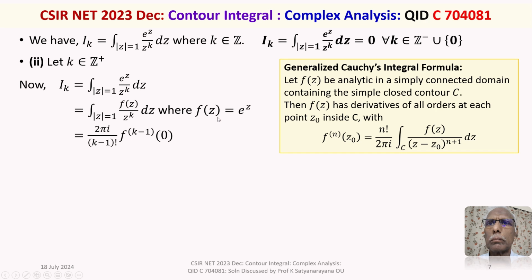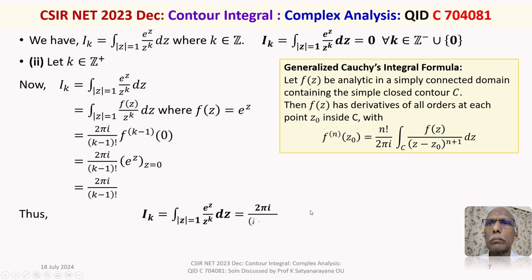If you differentiate any number of times, it will be e^z only. So the (k minus 1)th derivative of e^z is e^z only, evaluated at z equal to 0. That is e^0, that is 1. So Ik, when k belongs to Z plus, is 2 pi i by (k minus 1) factorial. So that is our Ik in the second case when k belongs to Z plus.